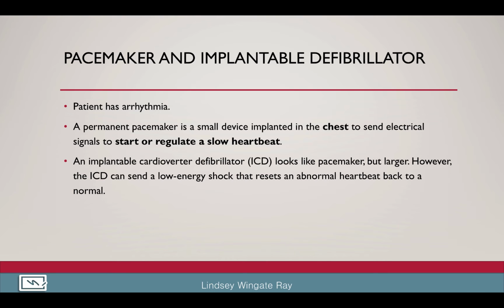An implantable cardiodefibrillator, called ICD, looks like a pacemaker, but it's larger. The ICD will send a low energy shock that resets the abnormal heartbeat back to a normal pace. So the pacemaker regulates the heartbeat. The defibrillator shocks the heart to put it back at a normal pace.